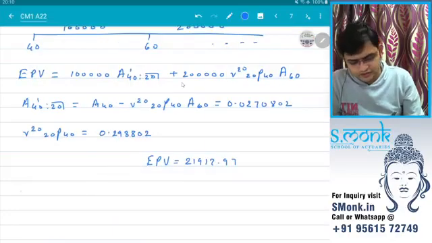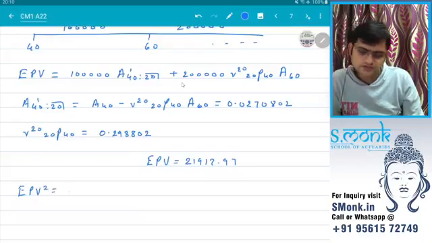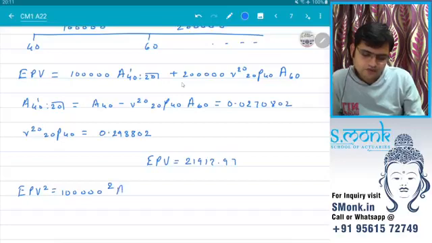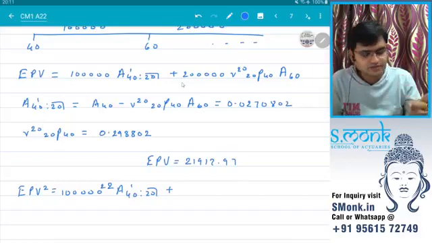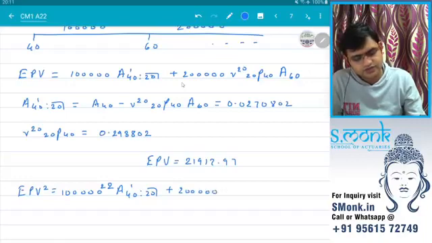You have to calculate the expected present value square. For the expected present value square, we'll say 100,000 square into 2A40-20, because the present value will also become squared. The constant value becomes squared, so 200,000 squared.